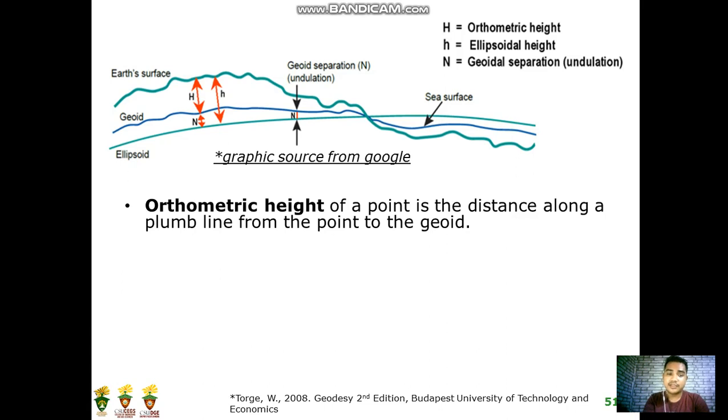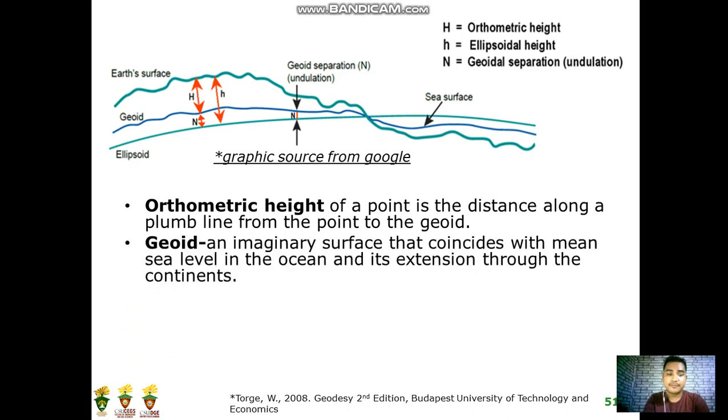No? So denoted by big H. And geoid, again, we're going to define, it is the imaginary surface that coincides with the mean sea level in the ocean and its extension through the continents. So from the sea surface, extended padulong sa continents or landforms.